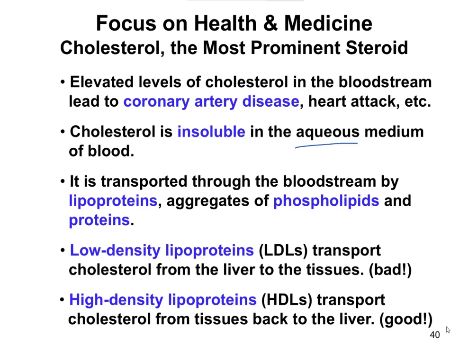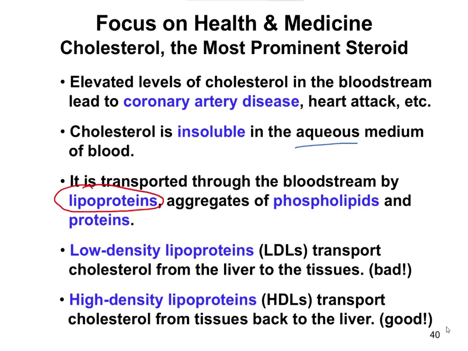But cholesterol is still required. If you remember looking at our cell membranes, there were pictures of a cell membrane, and we showed cholesterol embedded in the cell membrane. So in order for cholesterol to be moved through the body and trafficked to different areas where it needs to be, it is transported through particles called lipoproteins. Lipoproteins are aggregates or combinations of phospholipid and proteins.